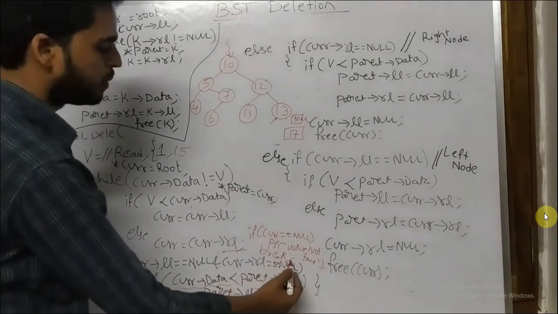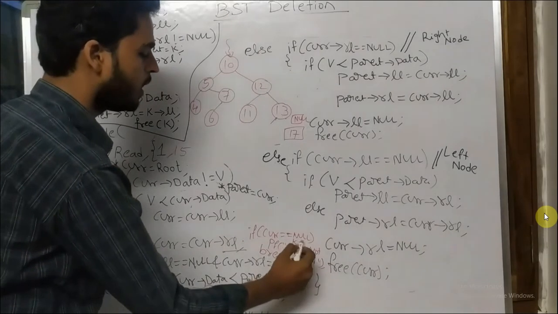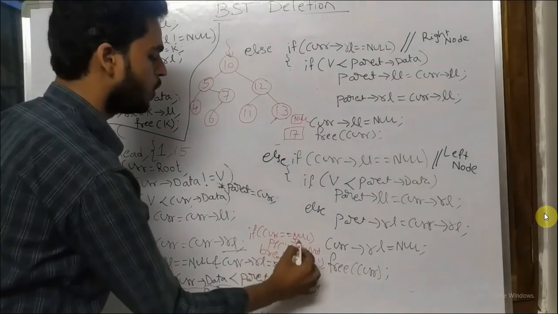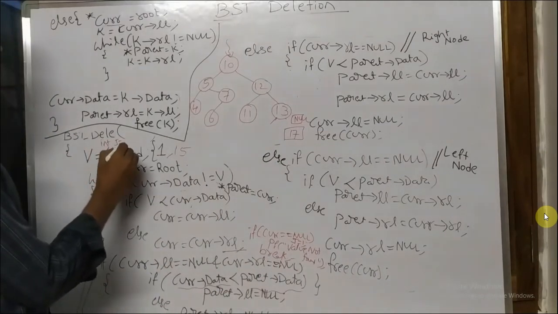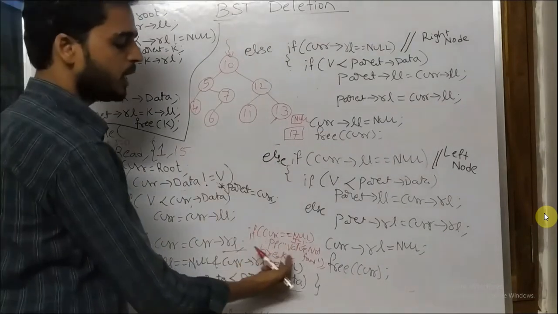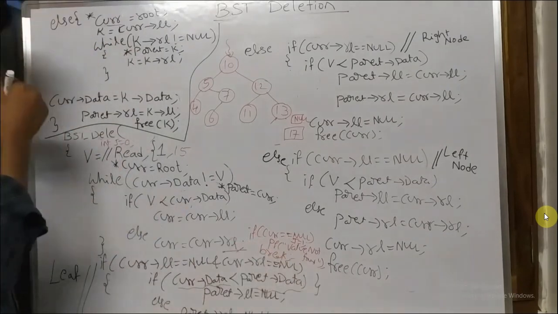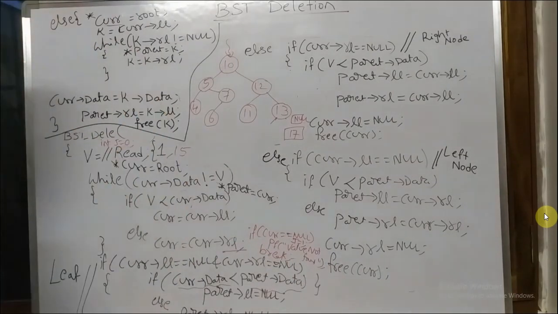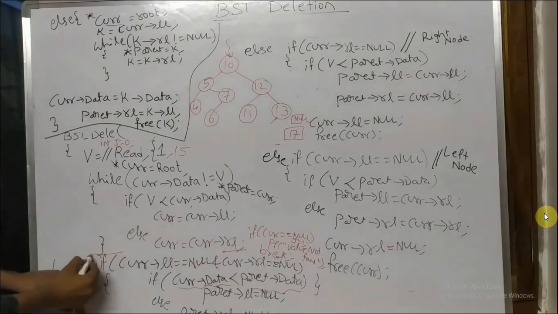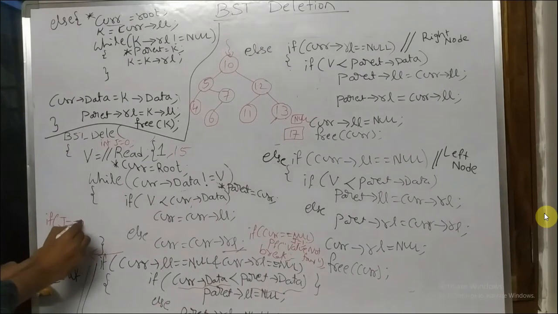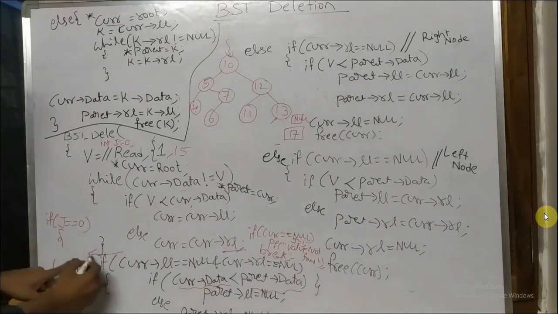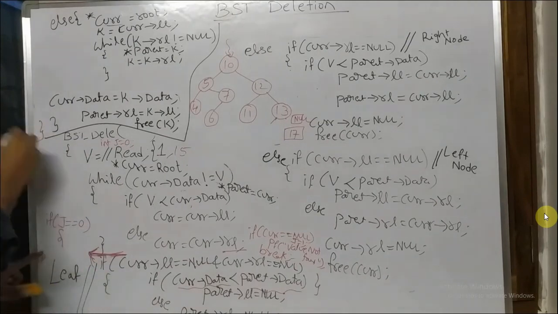So for that, I am simply taking some variable j with value 1. Initially I define int j equal to 0. When the j value is 1, it means value not found. When the j value is 0, it means value found, and we are going to execute. So before going to this if condition, we check if j double equal to 0, then only we execute this if condition completely.